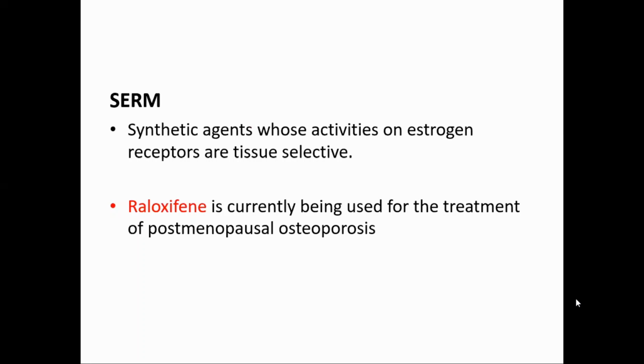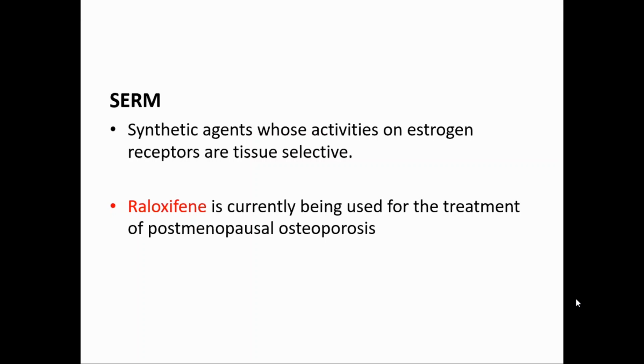They are used for the treatment of breast cancer and uterine cancer. However, since they have agonistic activity on the bone, they cause bone formation. So raloxifene is currently being used for the treatment of postmenopausal osteoporosis.